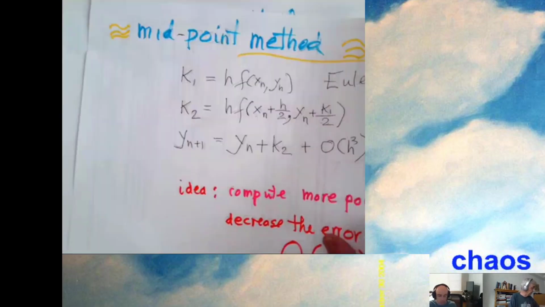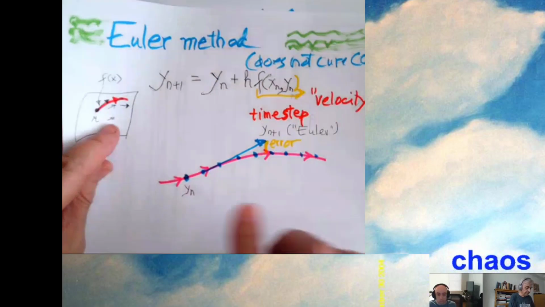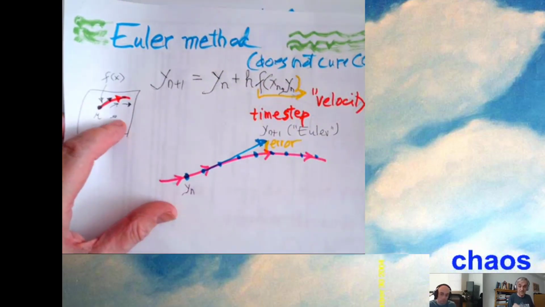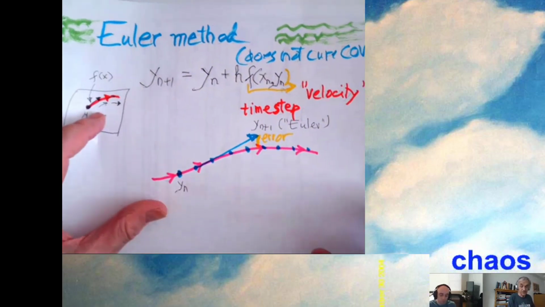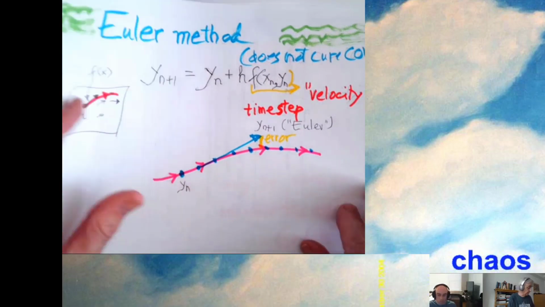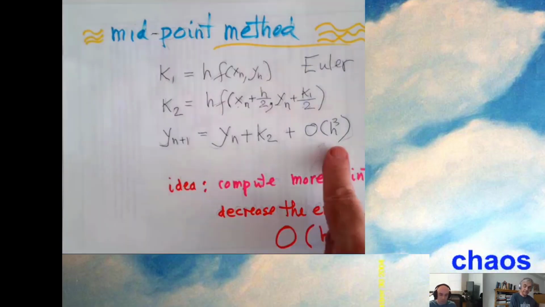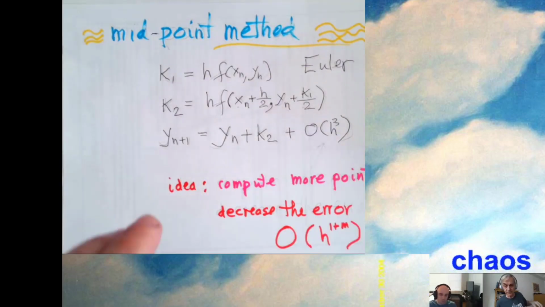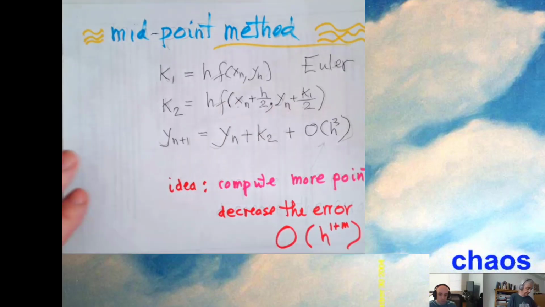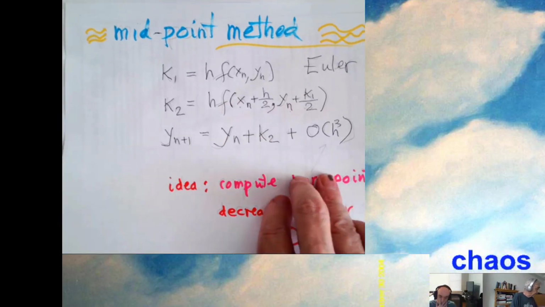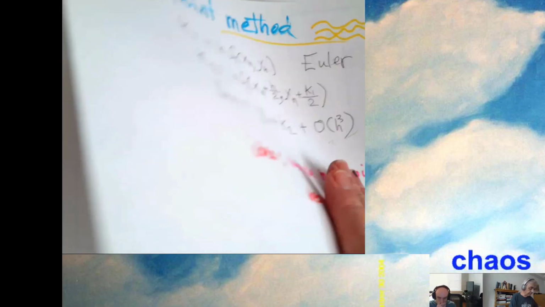Whereas for Euler, the step was of size h, the error is size h squared. Now, when these are small numbers, getting an extra power of a small number is a big deal, because things get smaller.